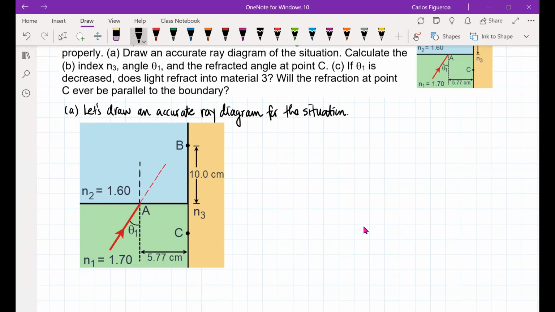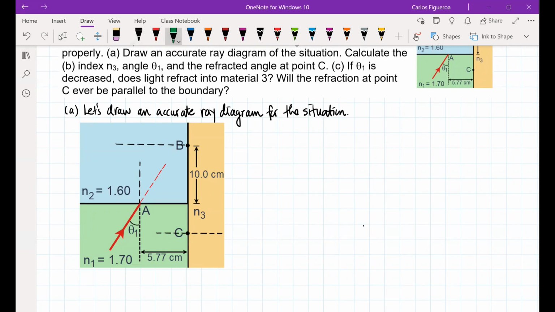And note that the normal at B here is not the same orientation as it is at point A. And I could say the same thing for the refraction at C here. So the normals have different orientations, and that really changes how Snell's law looks here. So now let's look at that.